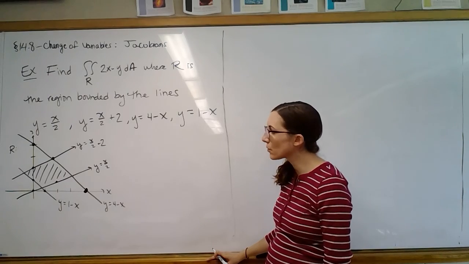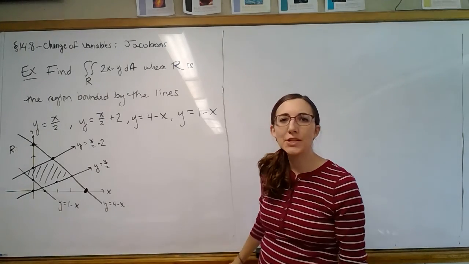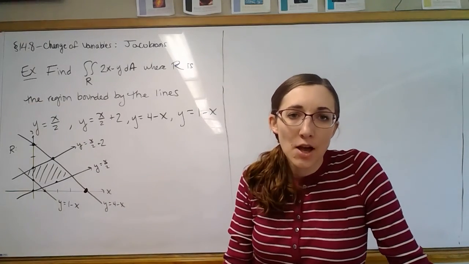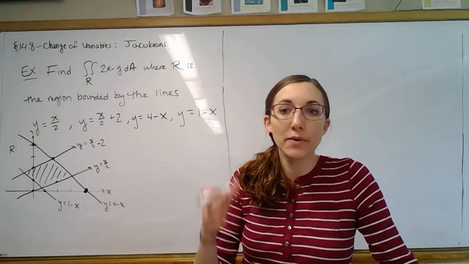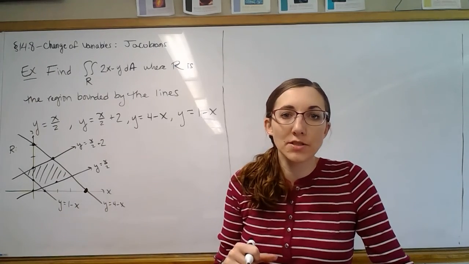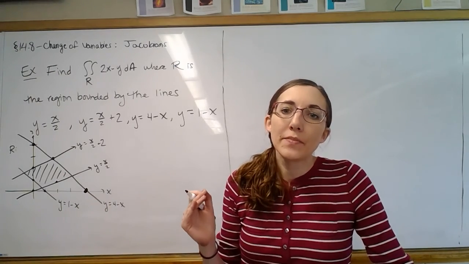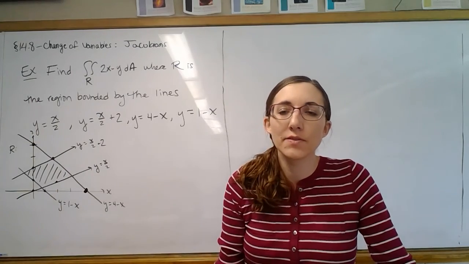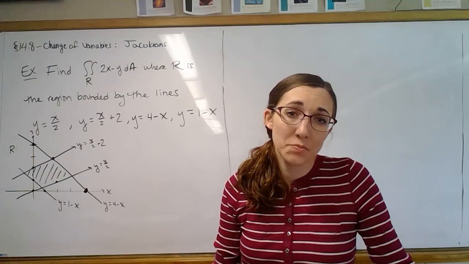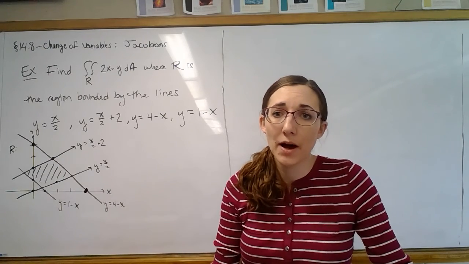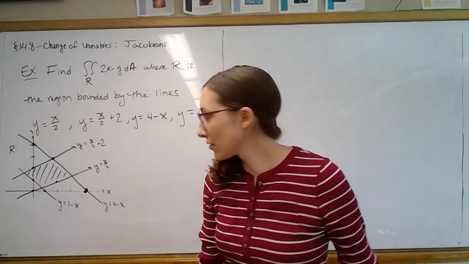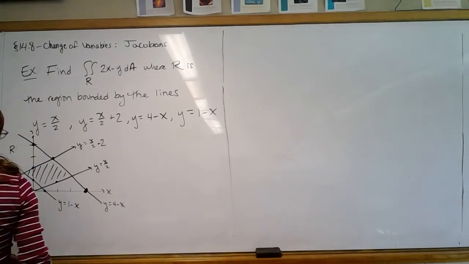And one of the things we want to notice is that this region in terms of rectangular coordinates is not very nice. No matter how we choose to do it, whether vertically, so y being functions of x's, or horizontally, x as functions of y, we're going to have to split it into multiple regions, because when we think about something like top curve, bottom curve, well, we actually have lots of different sections.